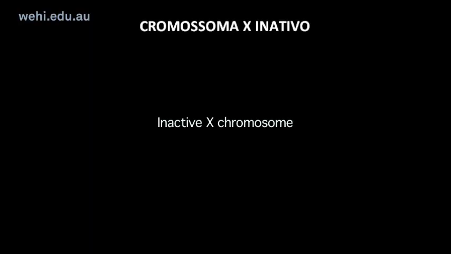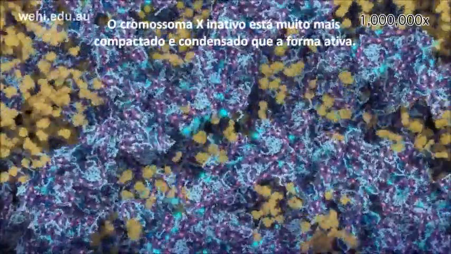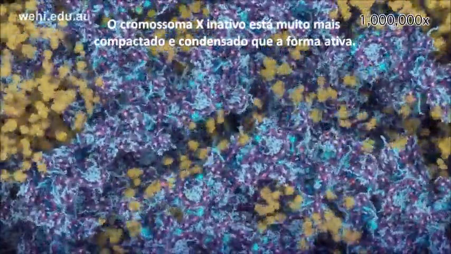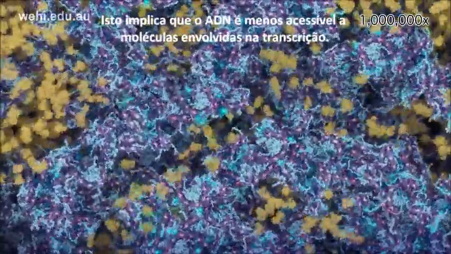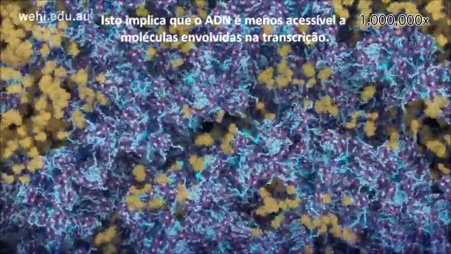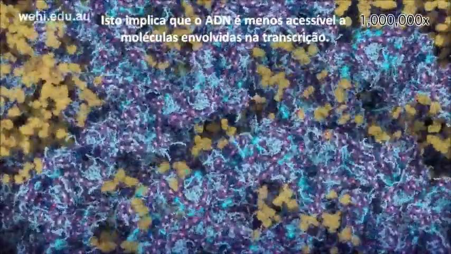The inactive X chromosome. The inactive X chromosome is more tightly bound and condensed than the active form. This means that the DNA is less accessible to molecules involved in transcription.